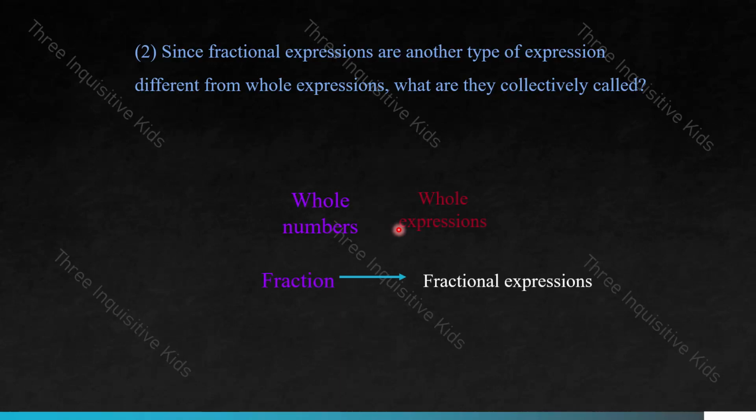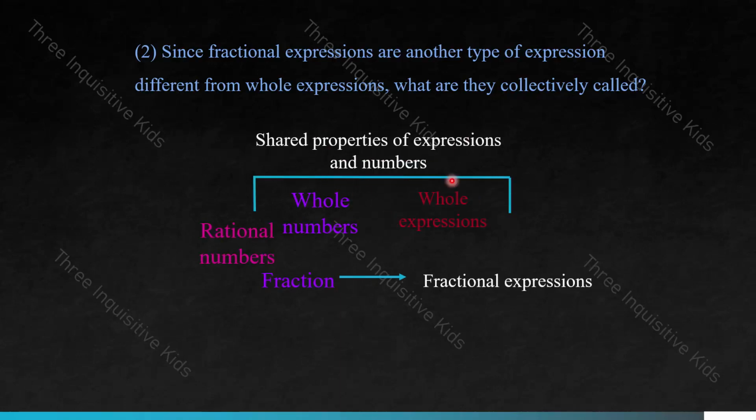So here we have a diagram, and as you can see, these are the shared properties of expressions and numbers. We have whole numbers and we have whole expressions. The fractions are sort of related to whole numbers, and the expression form of fractions are fractional expressions.